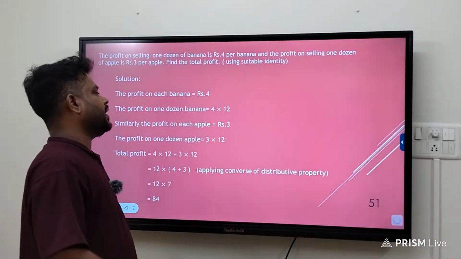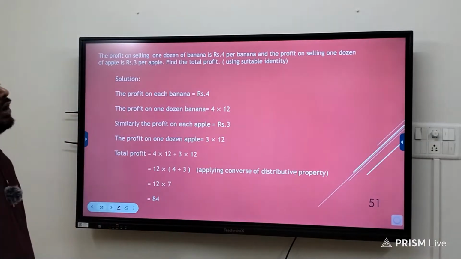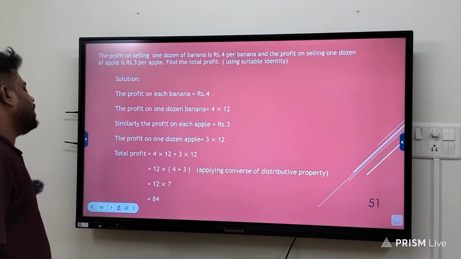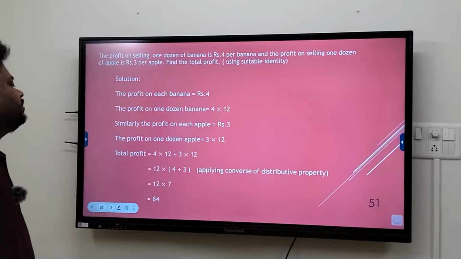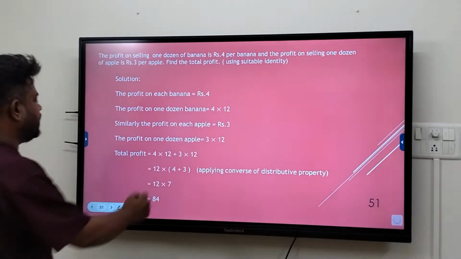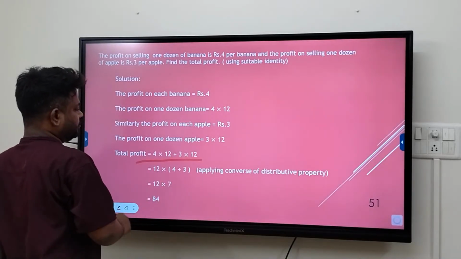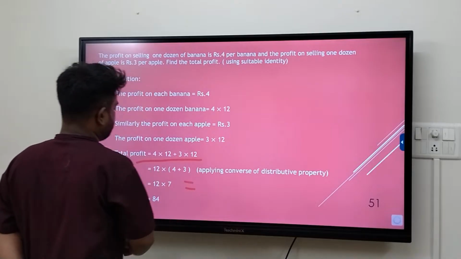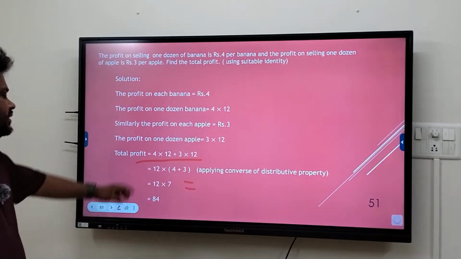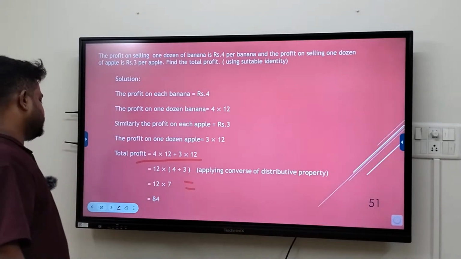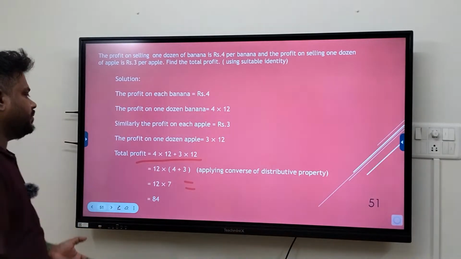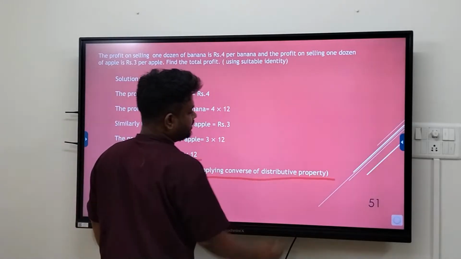So 1 dozen bananas will be 4 twelves are 48, and similarly the profit on each apple will be 3 into 12, 3 twelves are 36. So if we add these two and take 12 as common, like they have done, we can just simply multiply it and add it to get the answer. So this is the application of the distributive property here.